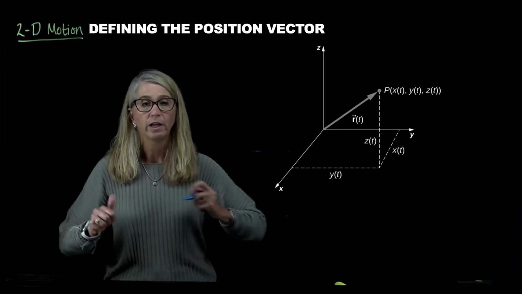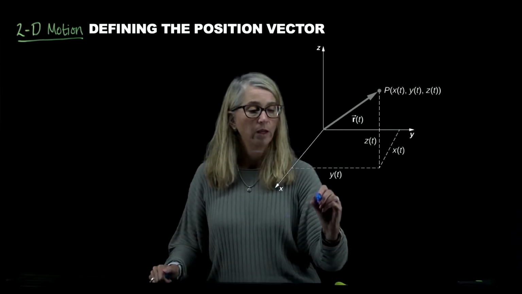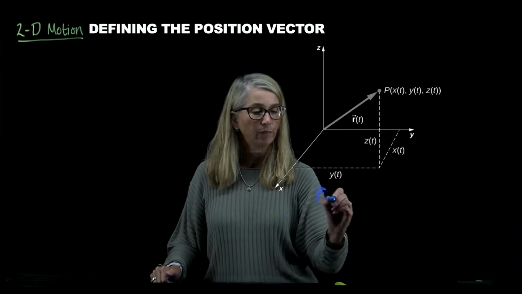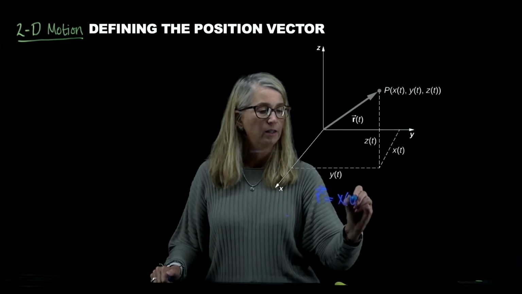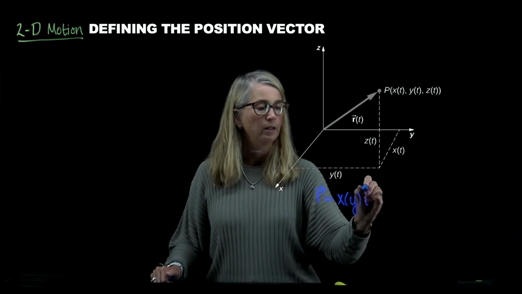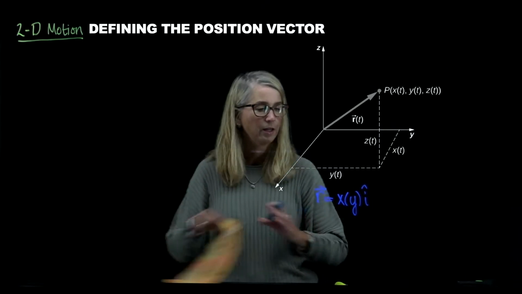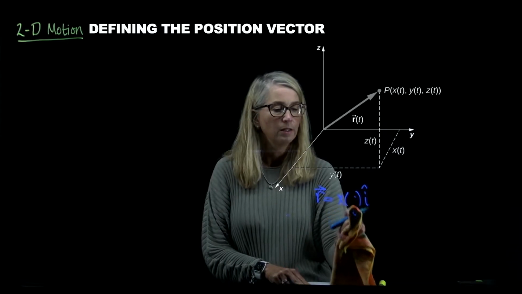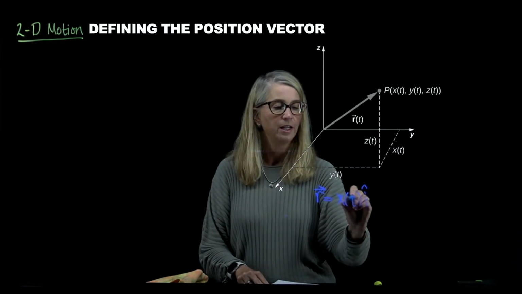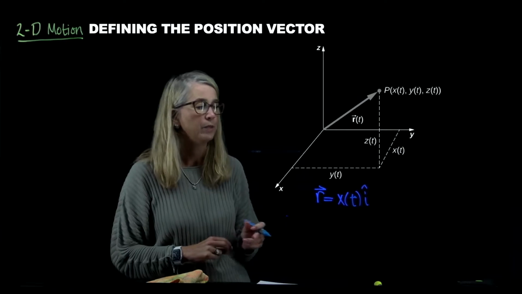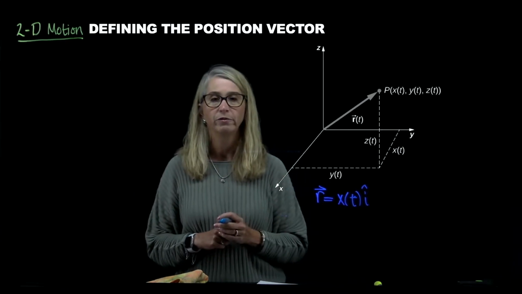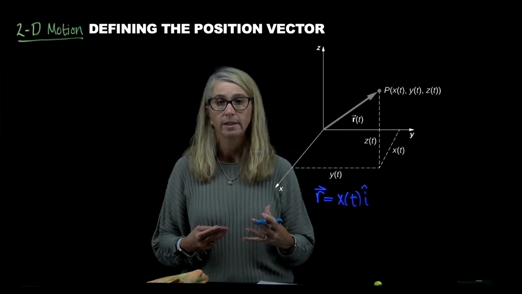If we wanted to write the position vector then, the way that we would write it is we would indicate that there's an x component, and then we use the unit vector. Oops, I wrote y for some reason. It's x of t. X is a function of time, and the i unit vector, of course, indicates it's in the x direction.